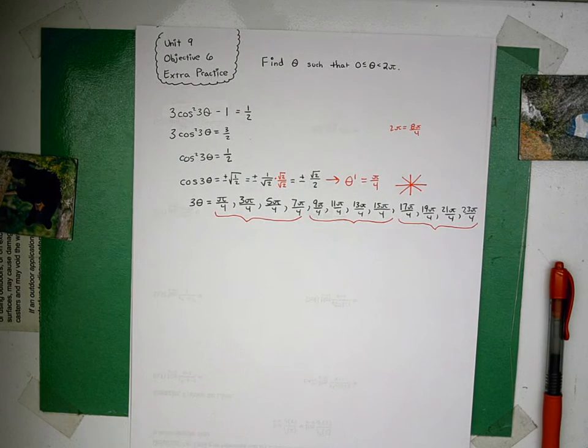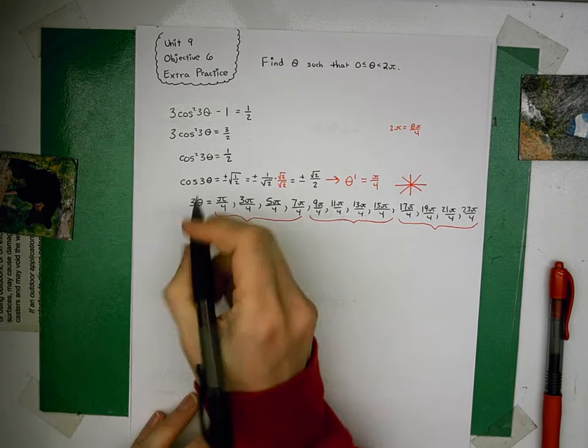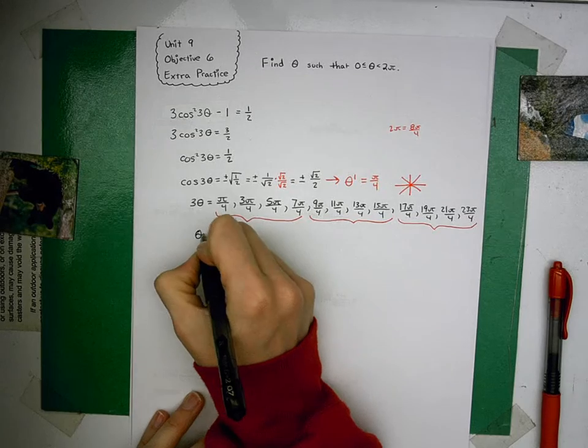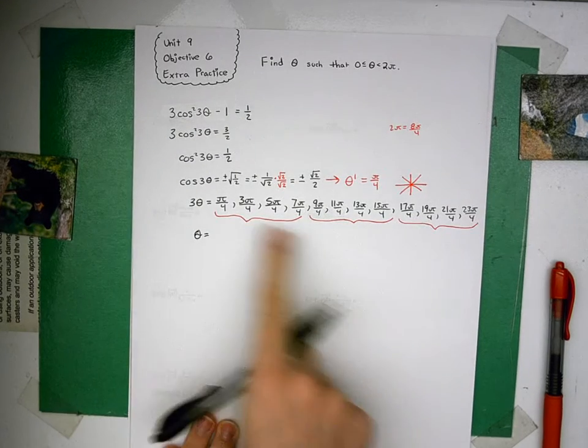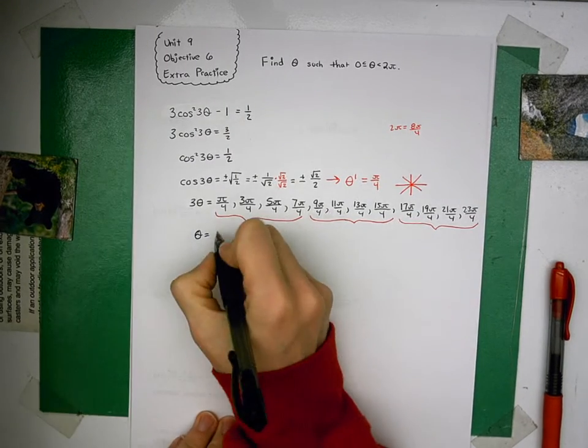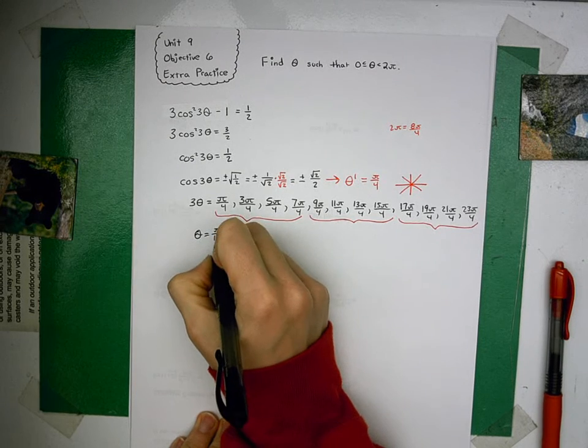Okay? And then solving for theta, we are dividing 3 to both sides, or multiplying 1/3 to both sides. So multiplying 1/3, we have pi over 12.